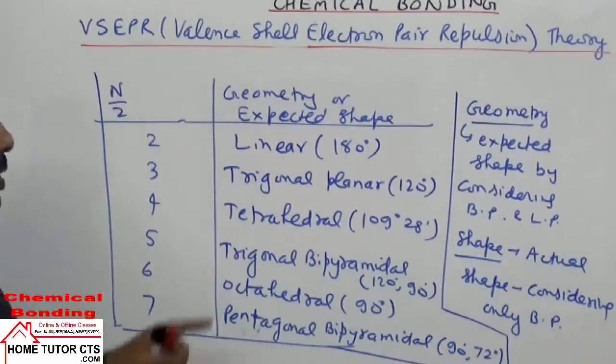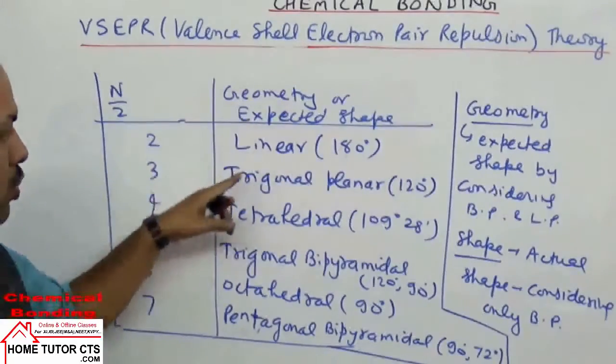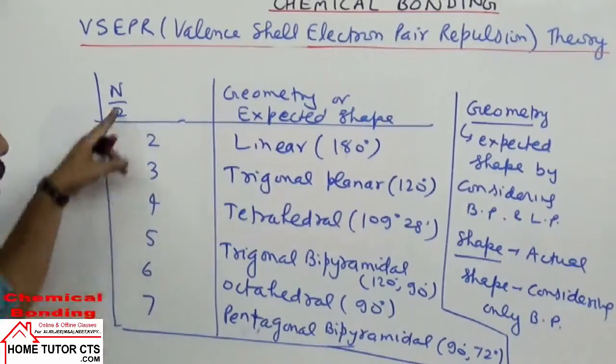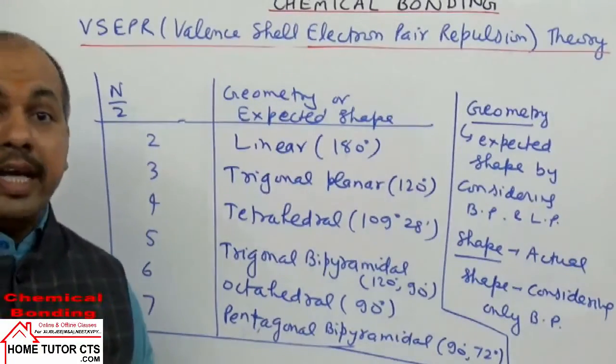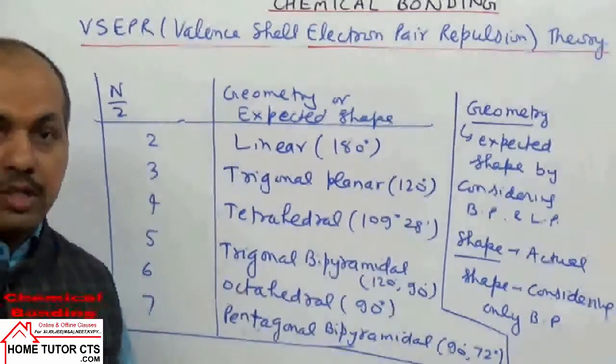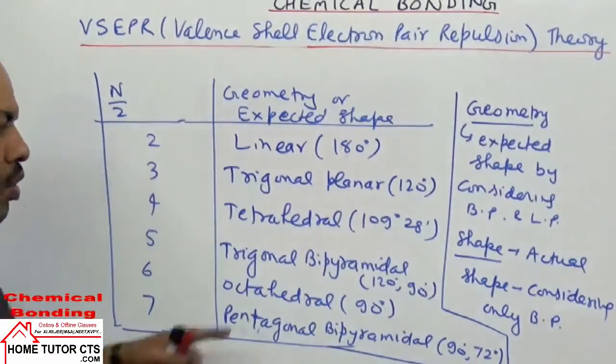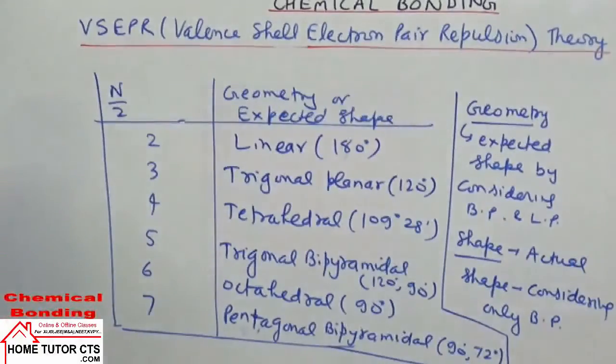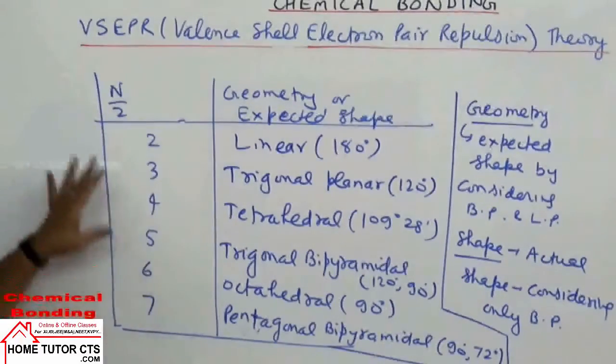So basically this geometry or expected shape we can draw by considering the n by 2 value only, while in the actual shape we will consider only bond pairs. Okay, so you can note down the values.